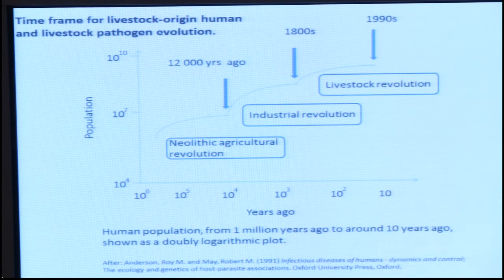It's only been 12,000 years that humans started to domesticate plants and animals, kick-starting the Neolithic agricultural revolution, which brought a gradual build-up of true livestock pathogens, and of course passage of livestock to humans and back again.